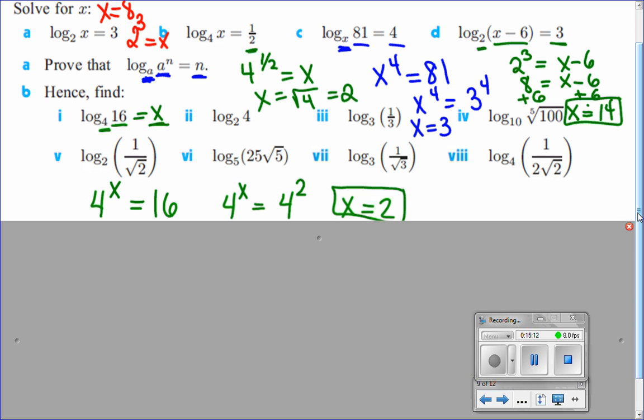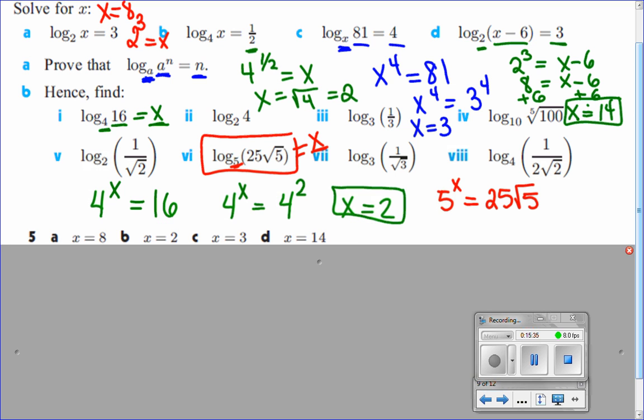Some more difficult ones. Let's see this one here, number 6. So let's set that equal to x. So in our heads, we're thinking 5 to what power is going to give me 25 square root of 5. Okay, 25, let's write that as a base of 5, and the square root of 5, let's write that as a base of 5.